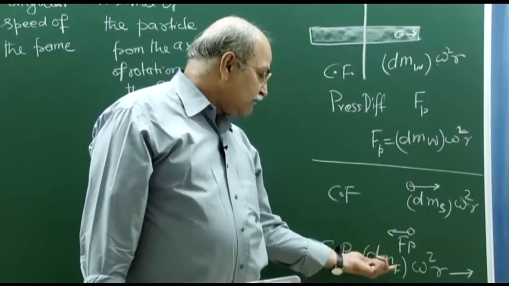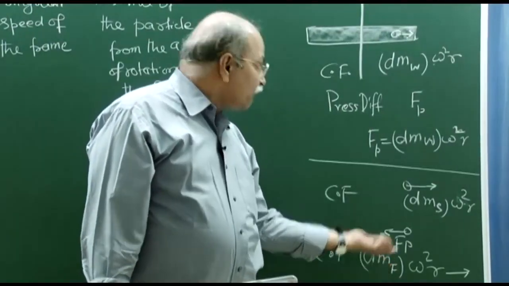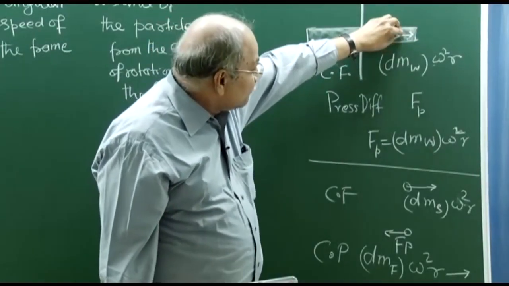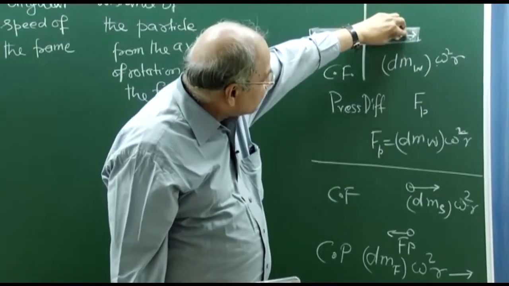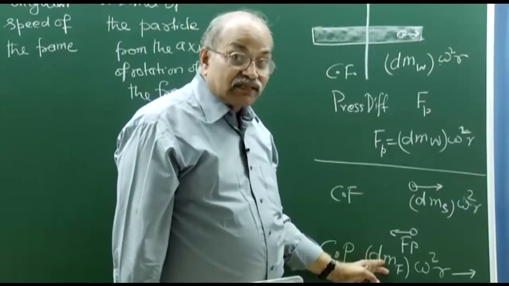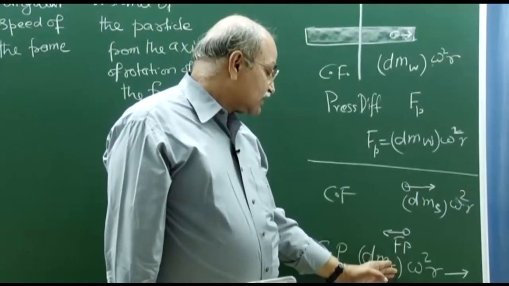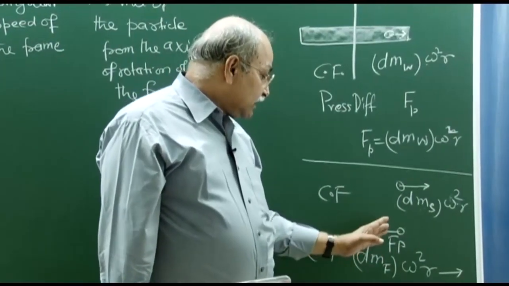So for the same volume, same shape of water mass here, the centrifugal force is this. For the same volume of foam mass here, the centrifugal force is smaller. F_P remaining the same, the centrifugal force is smaller, and this pressure difference force is larger.